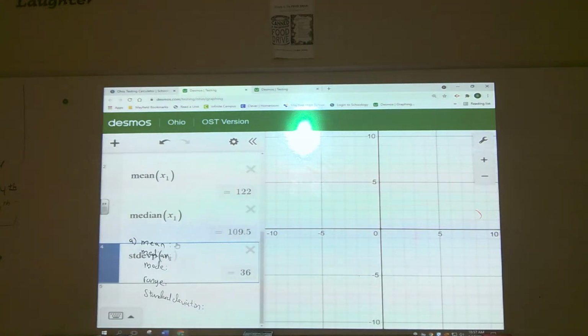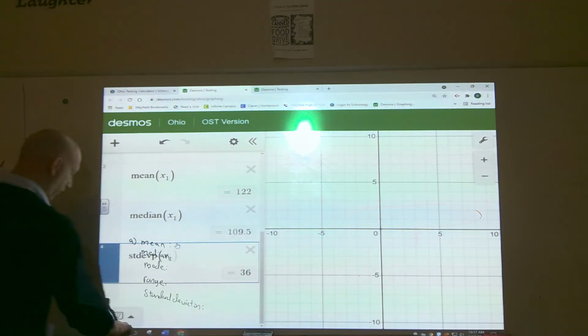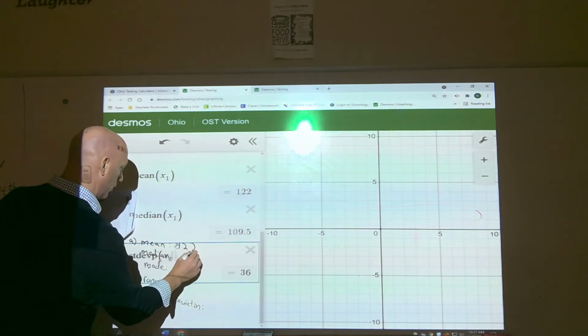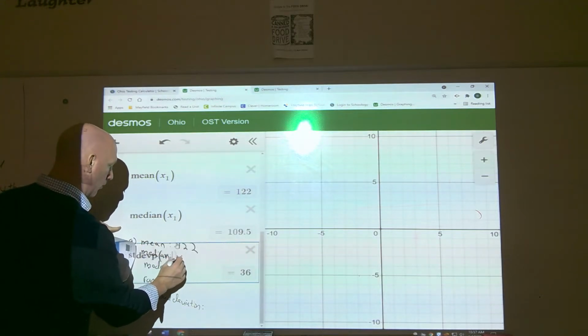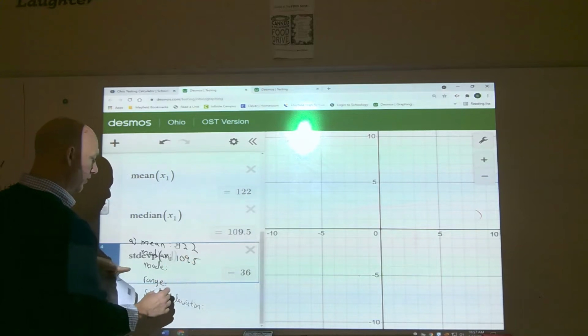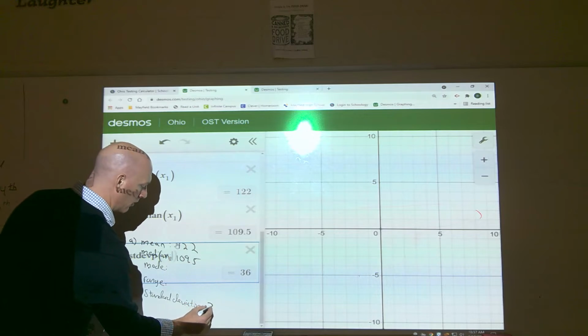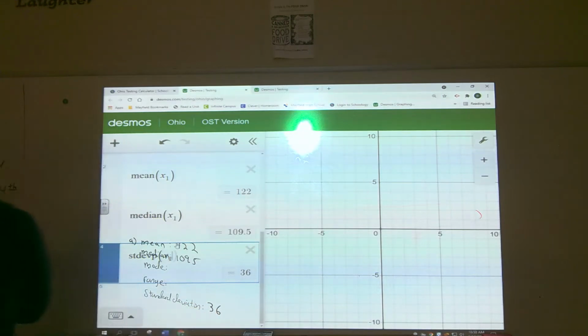So while I have this up, I'm just going to write in those numbers. The mean was 122, the median 109.5, the standard deviation 36, and I'm going to have to find the mode and range.